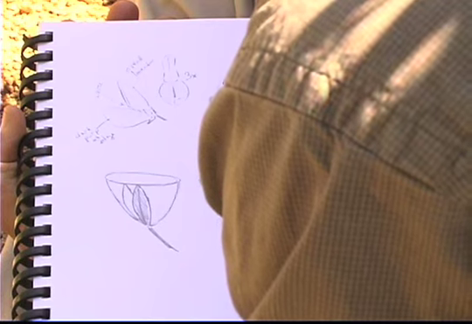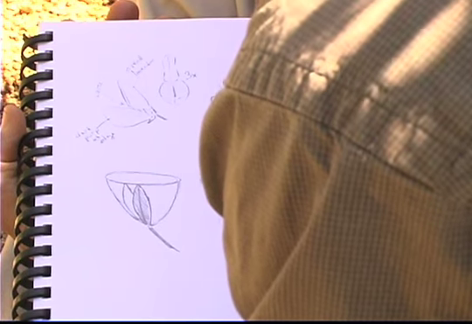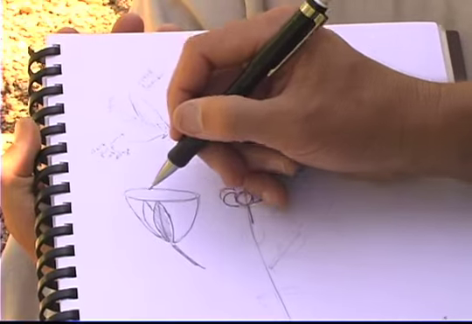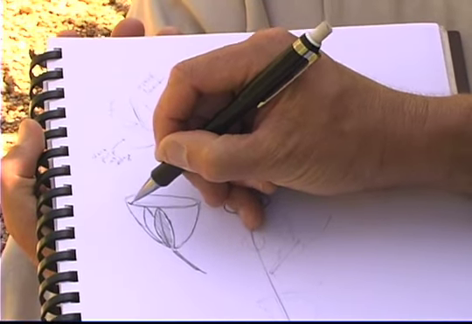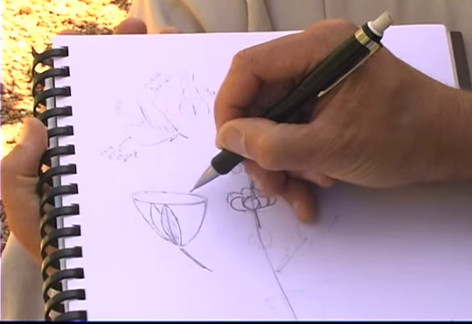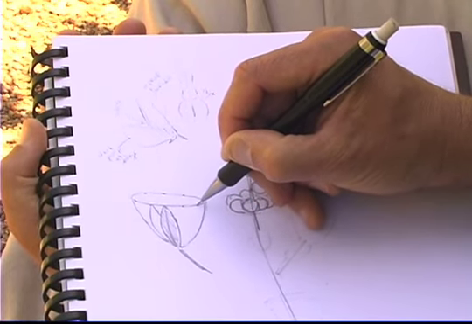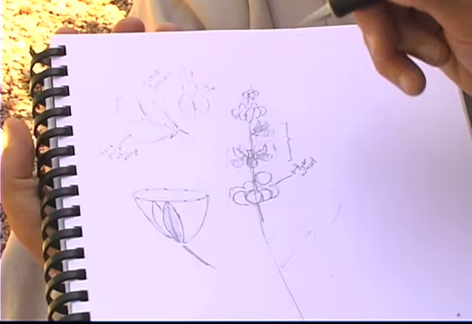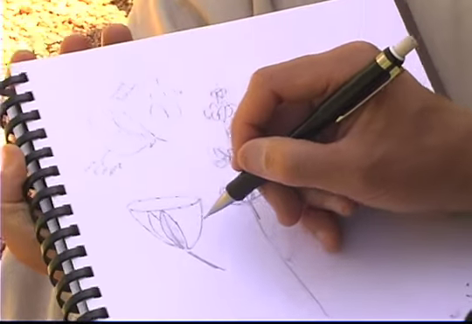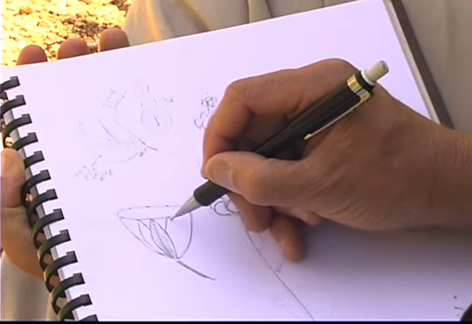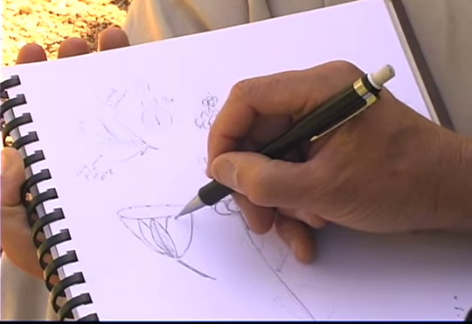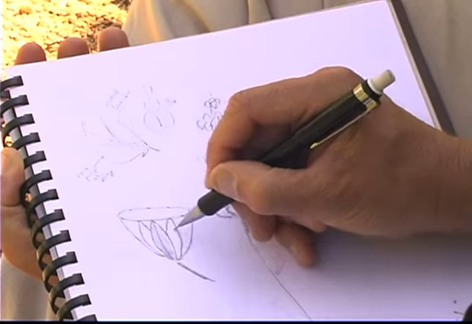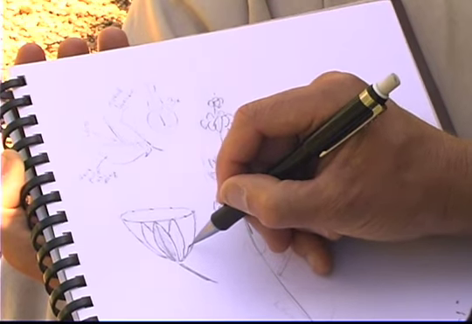On this there are 1, 2, 3, 4, 5, 6, 7, 8, 9. I'm going to put 9 points right around the edges of my cup here, so I get the right number of leaflets.